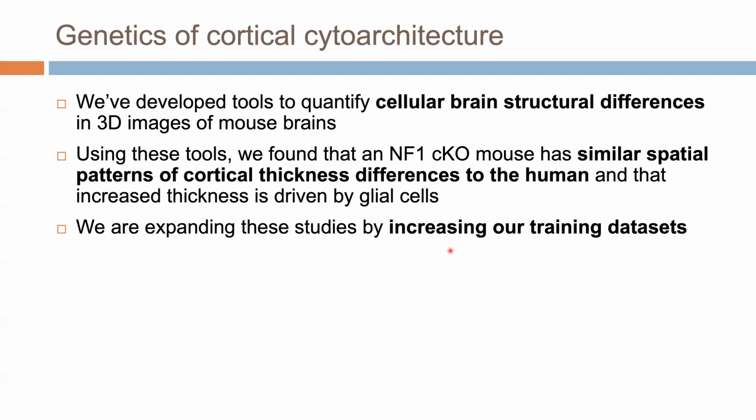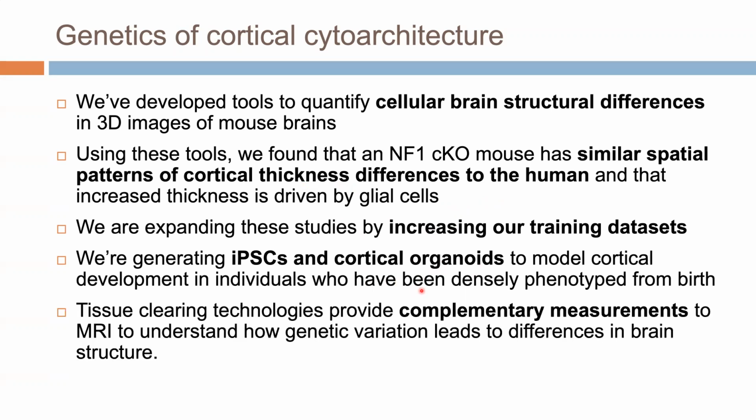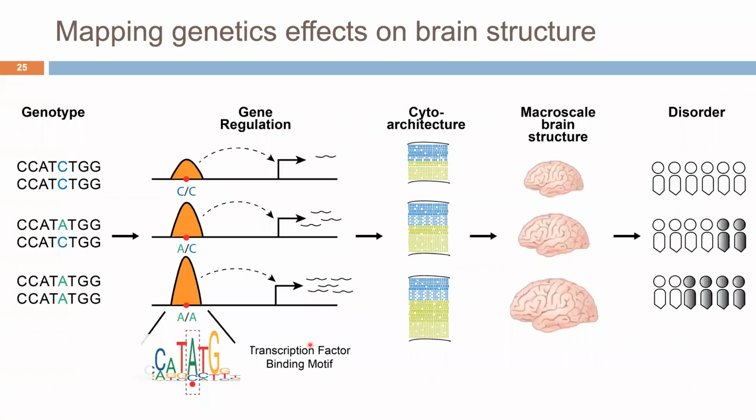We are expanding these studies by increasing our training data set, and we're generating iPSCs and cortical organoids to model cortical development in individuals who have been densely phenotyped from birth. Overall, tissue clearing technologies provide complementary measures to MRI to understand how genetic variation leads to differences in brain structure. So we are applying these tissue clearing technologies in multiple model systems to understand how genetic variation leads to risk for complicated neuropsychiatric disorders.